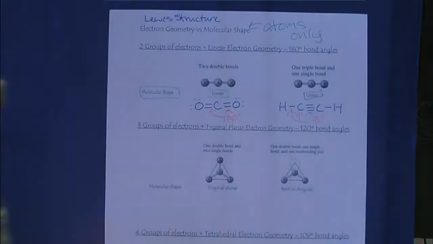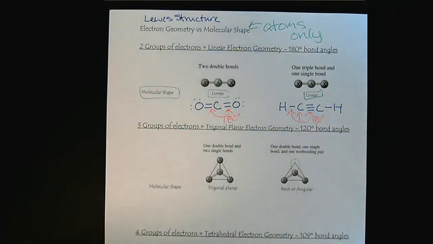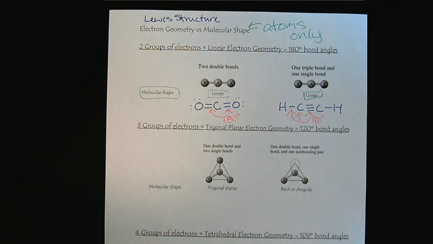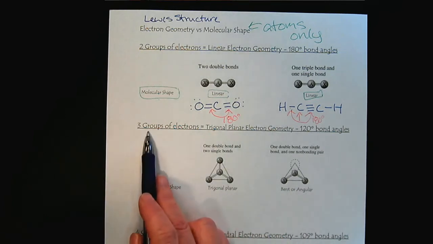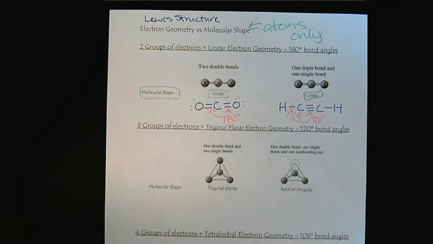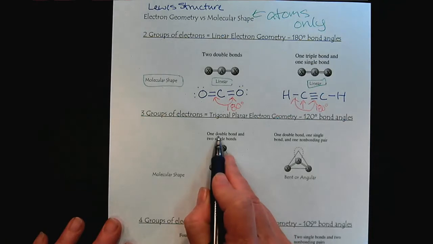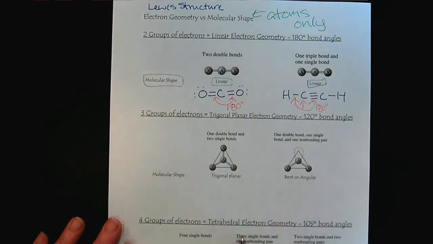All right, now we'll move to the next electron geometry, the trigonal planar. Here we have three groups of electrons around the central atom. For example, we could have one double bond and two single bonds.